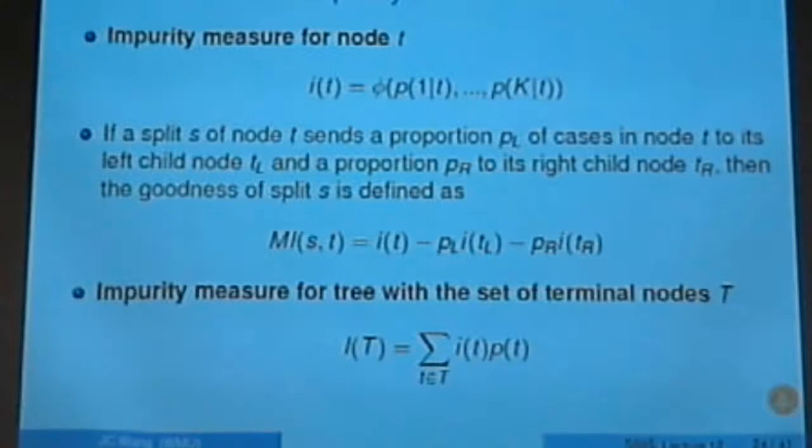What happens if the impurities of both child nodes are identical to the parent node? This result would be just 0. That's what we try to avoid. We try not to have 0 goodness for this measure, but we try to maximize this result.